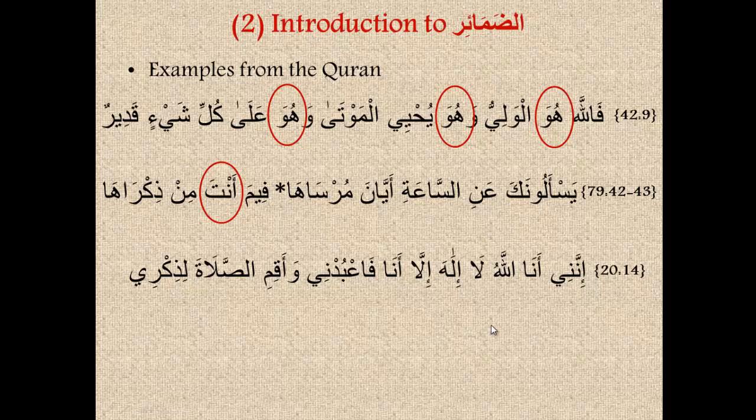In this verse, we have two instances of the pronoun ana, which means I. And Allah says, "Indeed, I am Allah, there is no God but I. So worship me, and establish prayer for my remembrance." And in this verse, Allah subhanahu wa ta'ala is talking to the Prophet Musa alayhi salam. So these are examples of ad-Damaa'ir al-munfasila taken from the Quran.